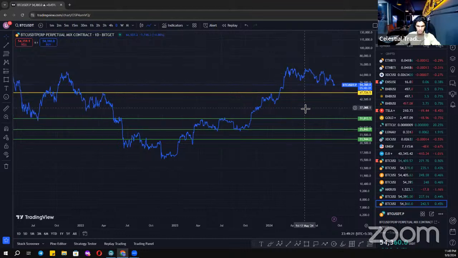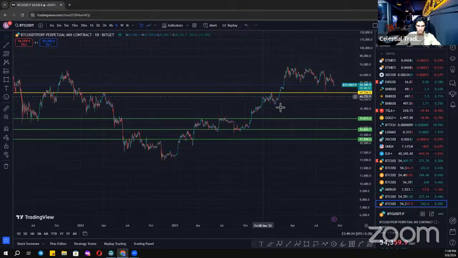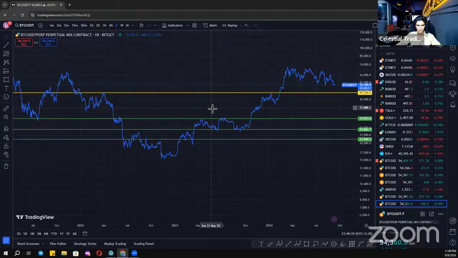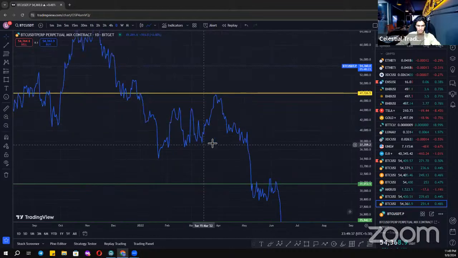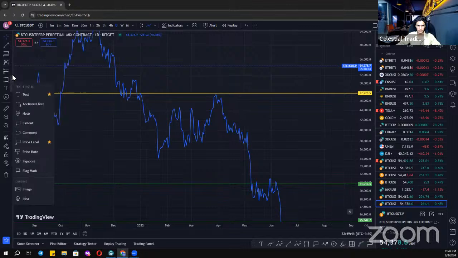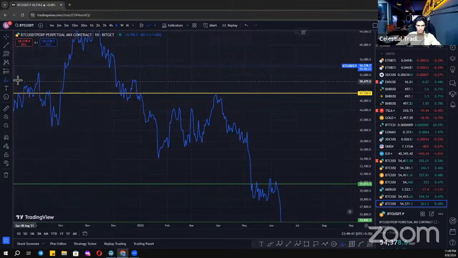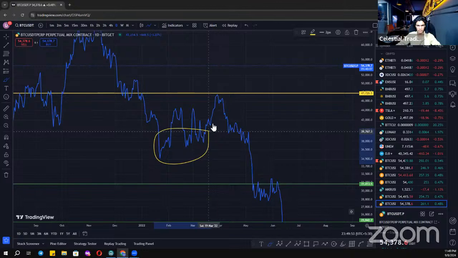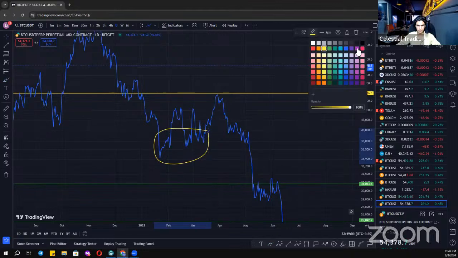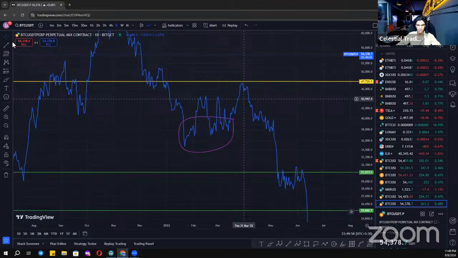As you can see, there are no other support areas over here. One support you can take is this line, this area. You can take this area as a support zone over here.